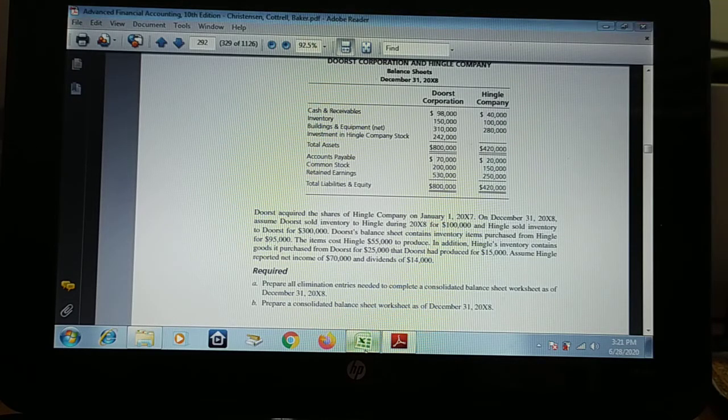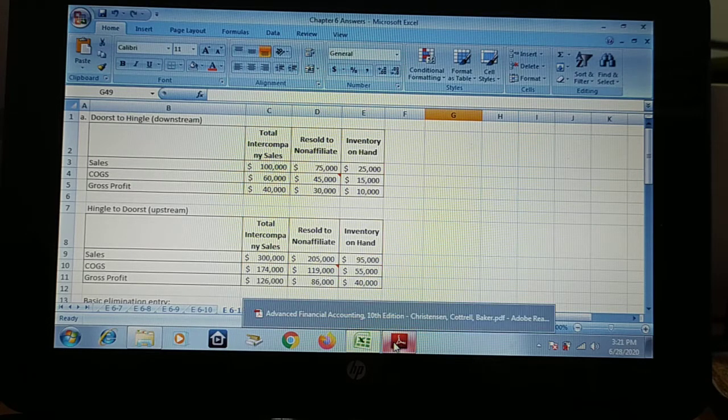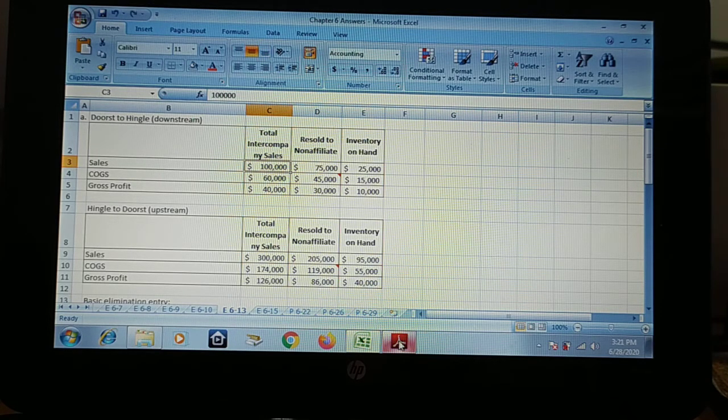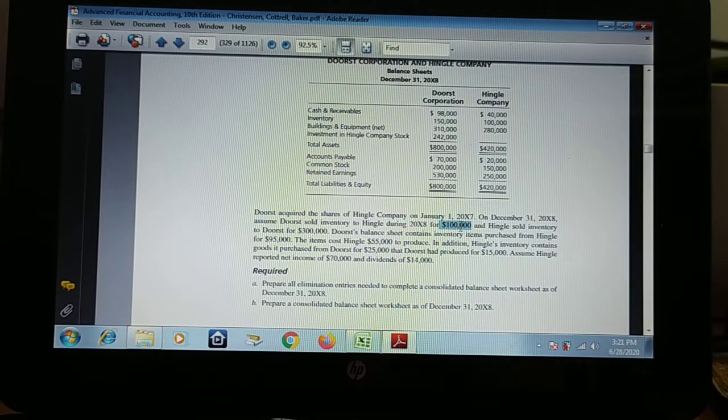Okay, so here it is. We go one by one. Doors to Hingle, which is a downstream sale. For the total intercompany sale on the sales row, it is 100,000. Because it is for Hingle, we need to see Hingle's inventory.